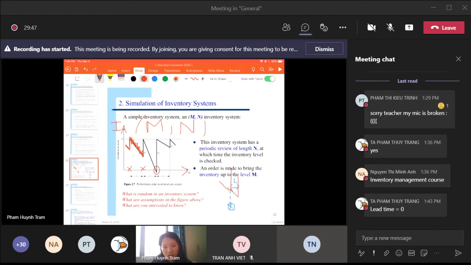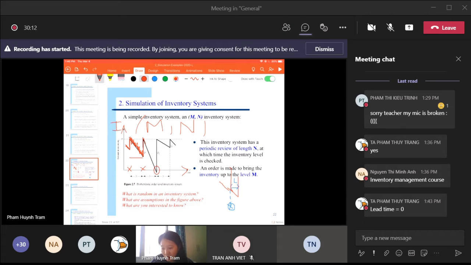So inventory increases again. Now, even though we assume that the customer demand rate is constant in each period, it will vary in different periods. That's our assumption. So let's say in the next period, there is more customer demand. That's why the inventory level drops very fast.